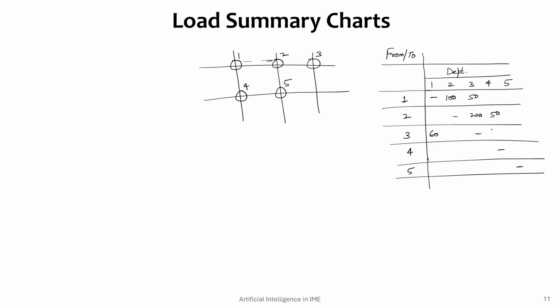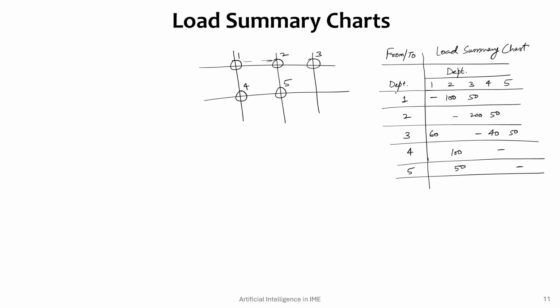Then from third to fourth department, the load is 40, and this one is 50. Similarly, this is 100 from fourth to second department, and fifth to second is 50 only. So this is known as the load summary chart, and these are your departments.